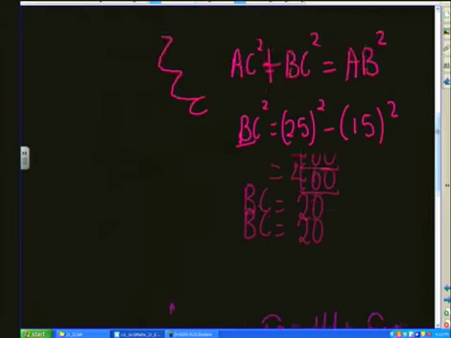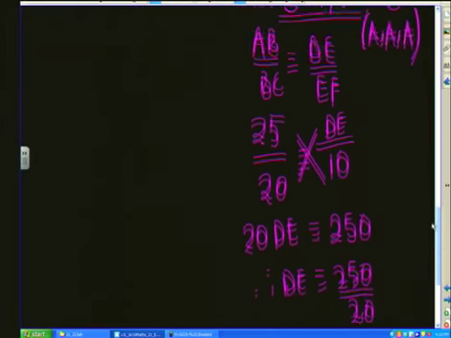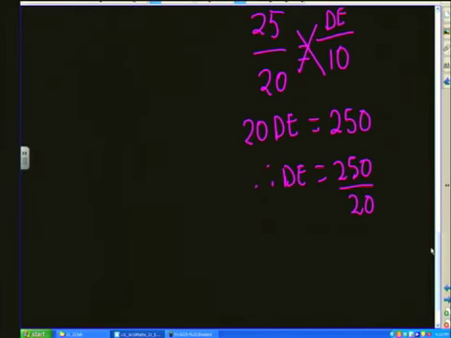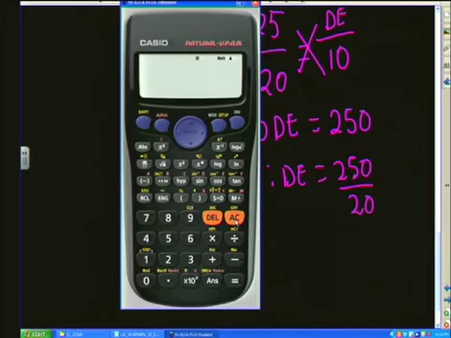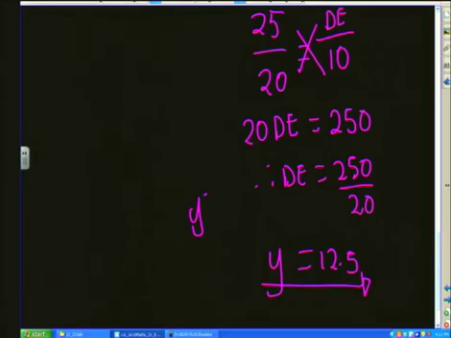It was DE that we were looking for, and we had FE is 10. Correct. So let's have a look. We've got 250 divided by 20. Hopefully our calculator's working. And we get an answer of 12.5. So therefore, DE is 12.5, which means that Y is 12.5 because Y was equal to DE. That was given.